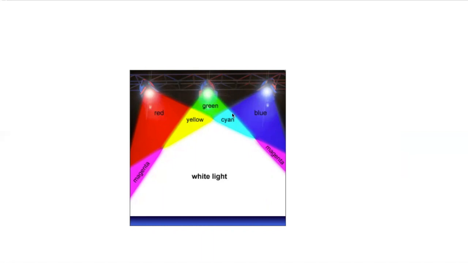Green light and blue light, if they mix, form cyan. Magenta is red plus blue. Now, the combination of all these colors will give us white.